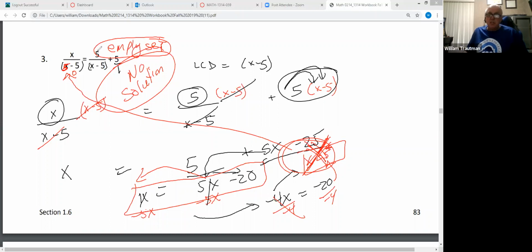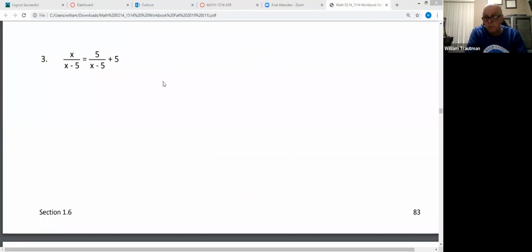Okay? So even though we got the answer fairly easily, kind of, it doesn't work because when you plug it back in, it turns the denominator into 0, and you're not allowed to do that. Moving on.